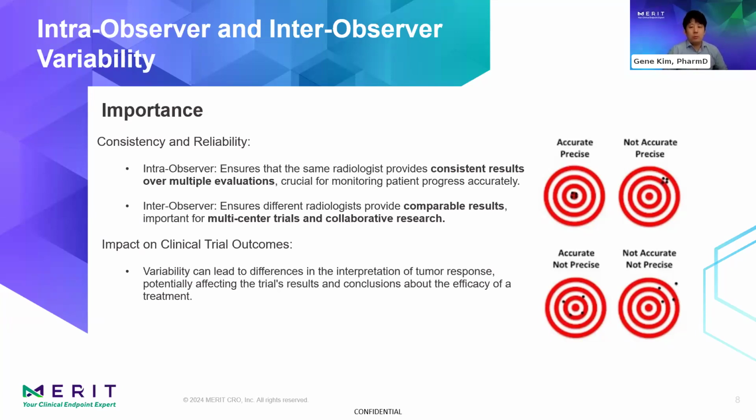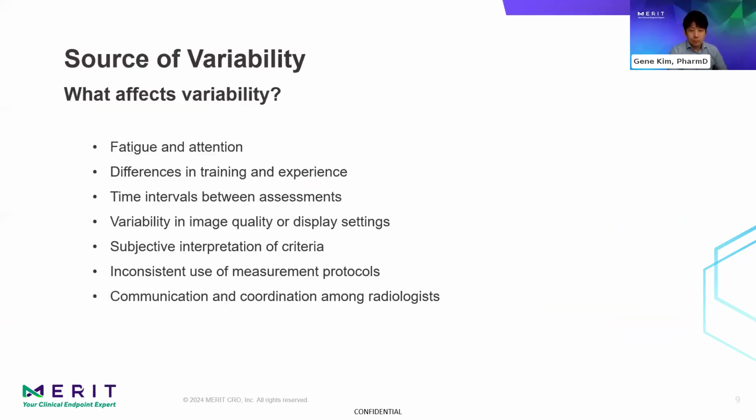So basically, we want to achieve a consistent, precise result, and that result is accurate, that hits the target, just like the diagram over here. That is the impact that can occur in the clinical trial outcomes, and it is important to take control of these variabilities during the studies.